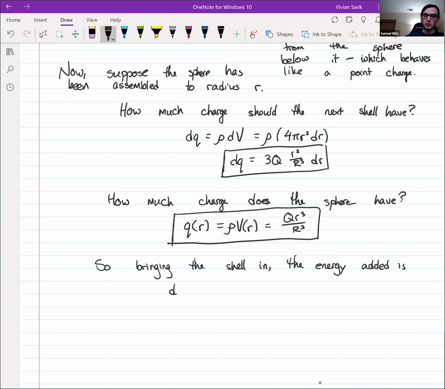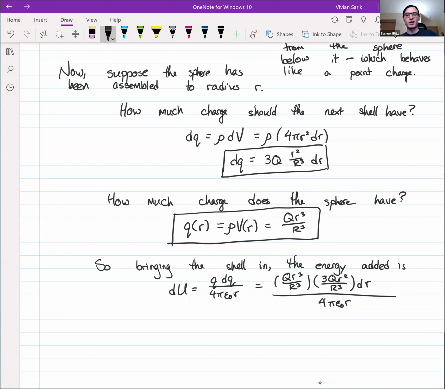So it's dU, the amount of energy that we gain. It's just q times dq divided by 4 pi epsilon naught r. And so now we just substitute: q r cubed over capital R cubed, times 3q r squared over capital R cubed dr, over 4 pi epsilon naught r.